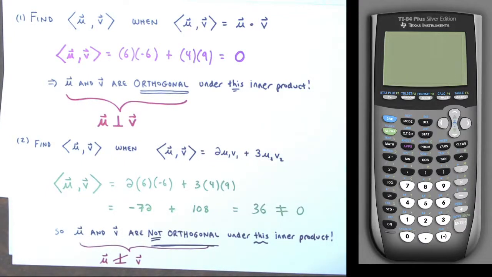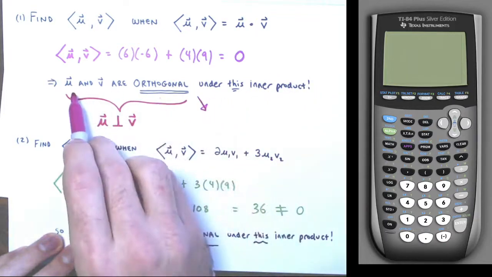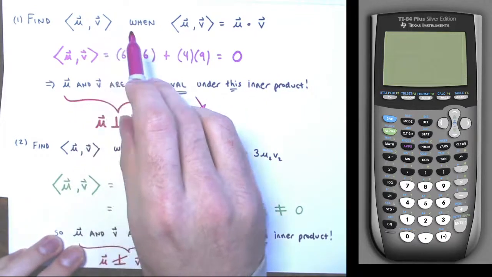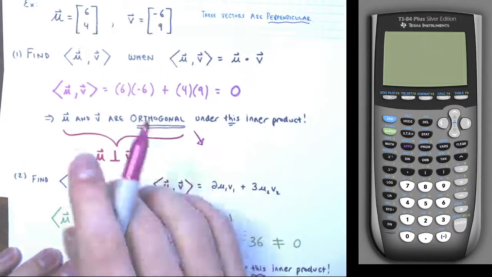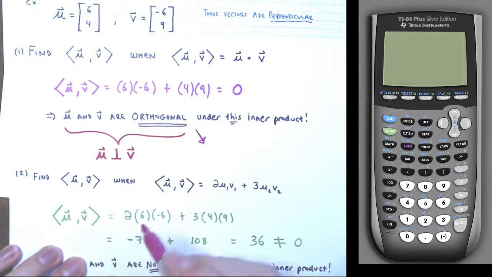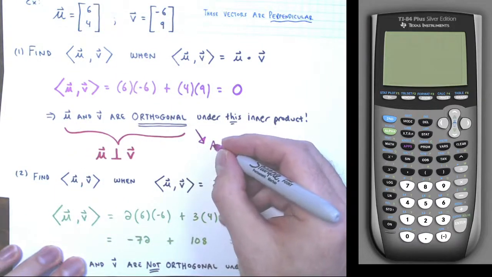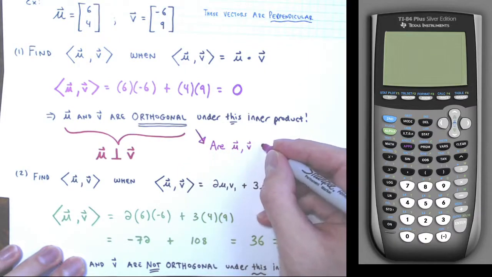Okay, so now I want to talk about a question you should ask yourself, or a question that may be asked of you. Now that I know that under the dot product these two vectors are orthogonal, the question maybe now is, are u and v orthonormal?